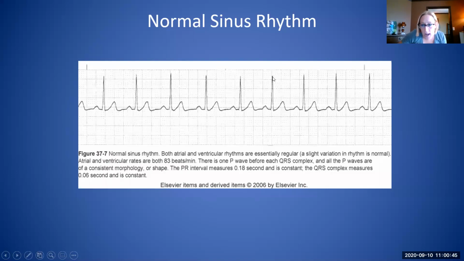So how many big blocks between, we'll pick these two. And again, the big block method you can only use for a regular rhythm, because if this were A-fib that's really irregular, you're not going to have a consistent QRS. So you can only do it with a rhythm that's regular. So we'll just pick this one. It doesn't matter which one you pick because it'll be the same as long as it's a regular rhythm. So how many big blocks do we have between these two?